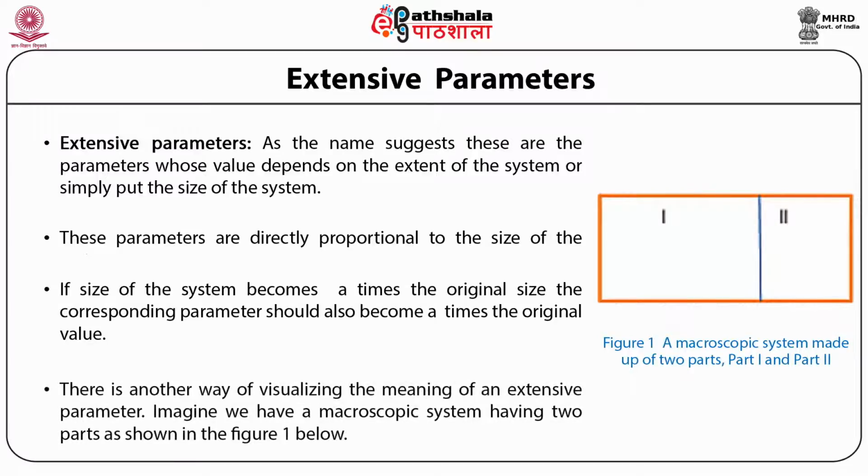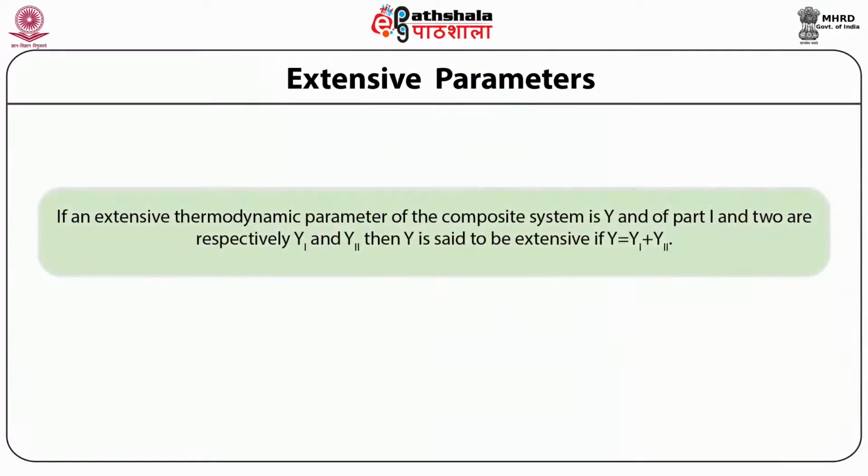There is another way of visualizing the meaning of an extensive parameter. Imagine we have a macroscopic system having two parts, as shown in figure 1. If an extensive thermodynamic parameter of the composite system is y, and of parts 1 and 2 are respectively y1 and y2, then y is said to be extensive if y is equal to y1 plus y2.